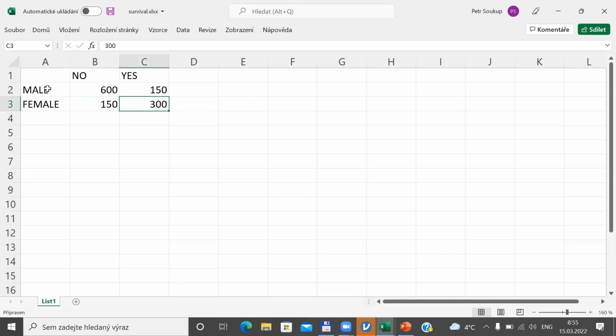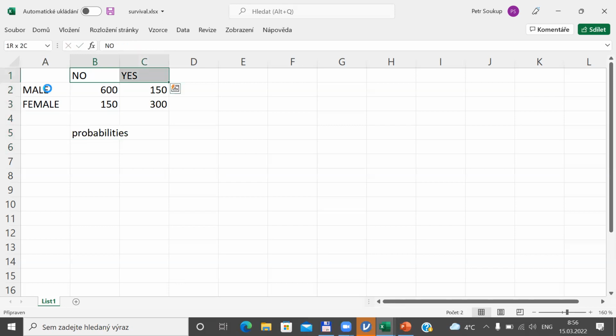So first of all, I can compute the probability of survival or not survival. Instead of these observed counts, I can compute probabilities. So I will type that I will be computing probabilities.